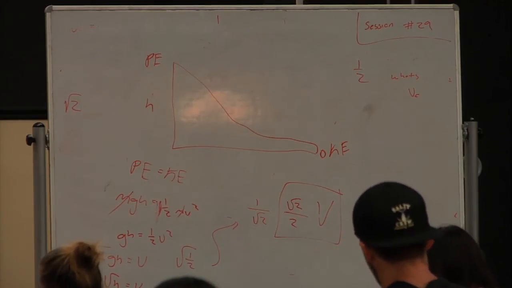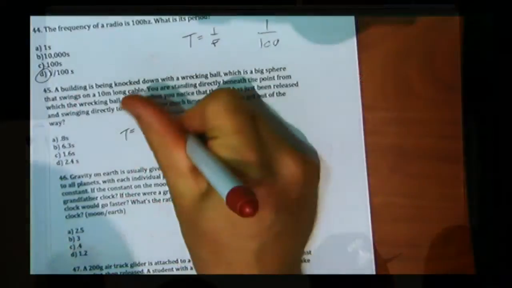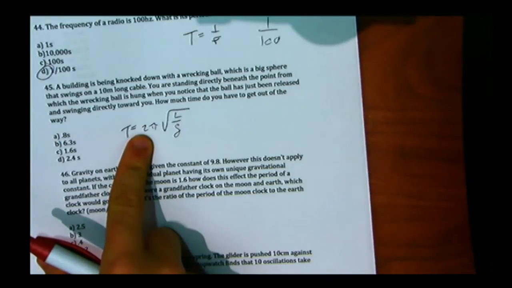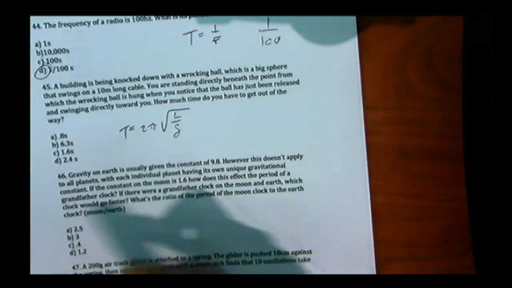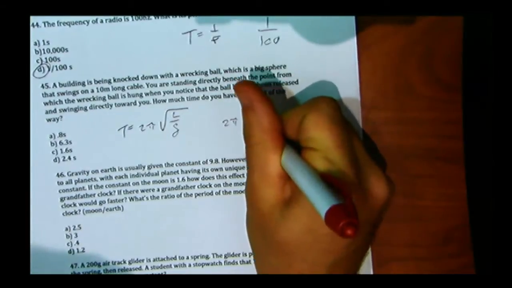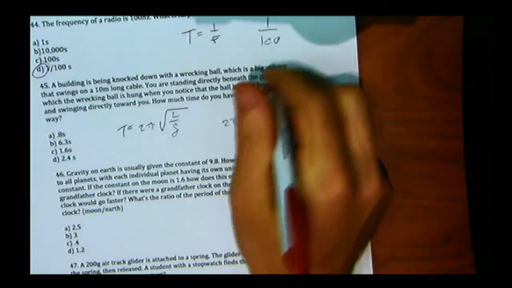L is the length, so it's going to be 2 pi square root of 10 over G, which is 9.8, so roughly 1. So your period is going to be about 2 pi. So that's the time it takes for one revolution to occur.